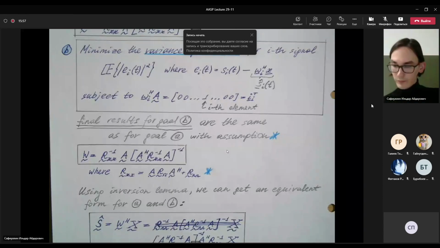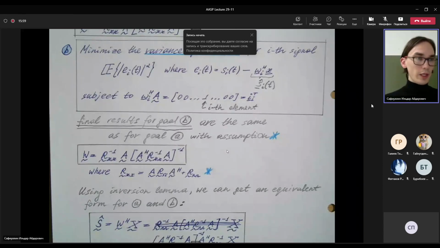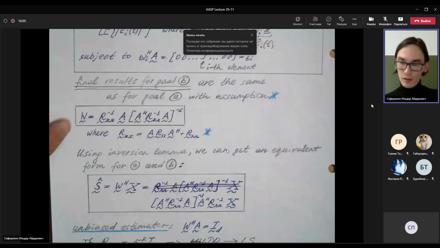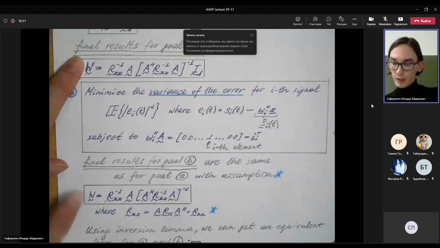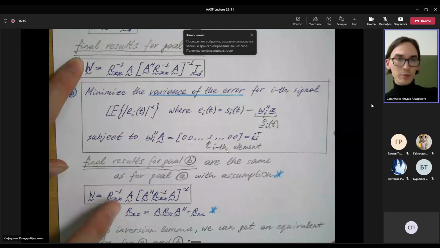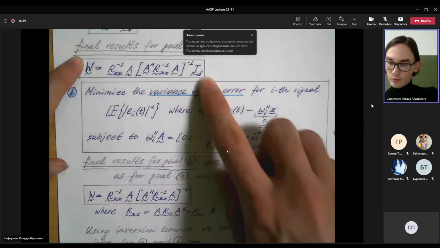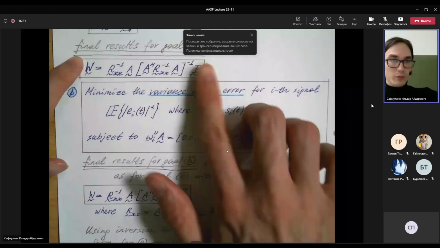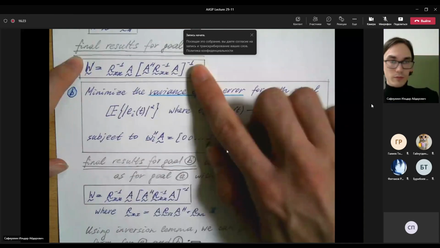As the result, we have the same W here, and here you can see we have the same values, but of course here we add the identity matrix of size D, which is the same to this.